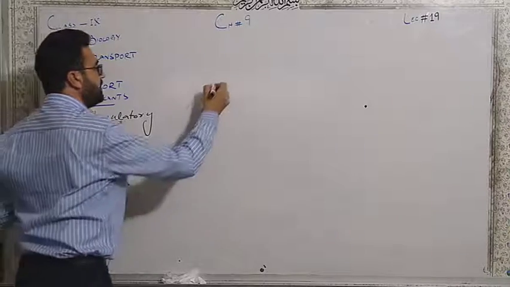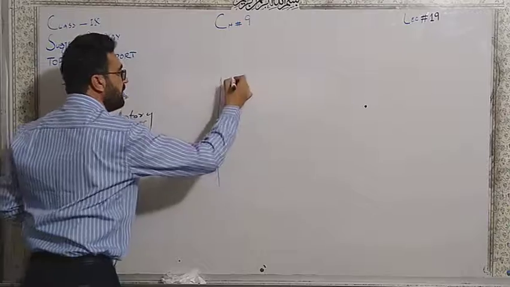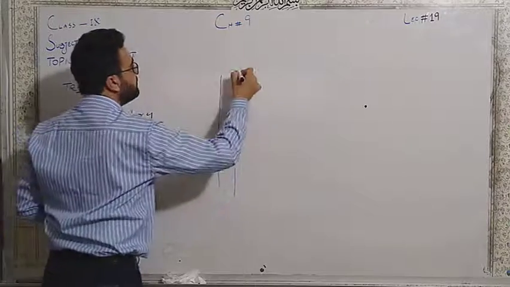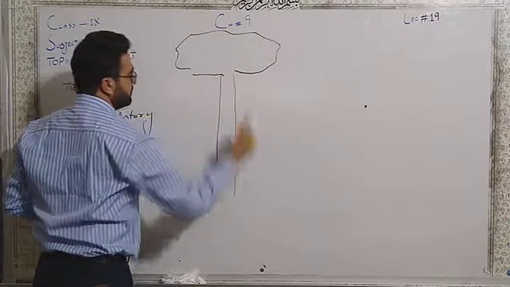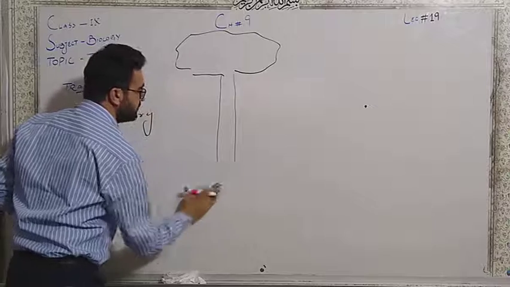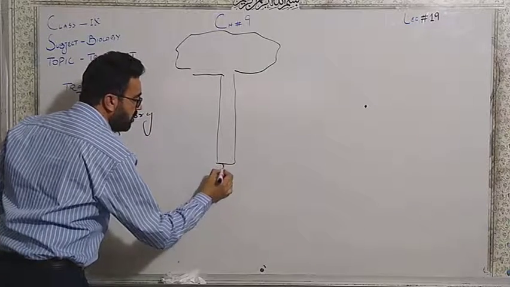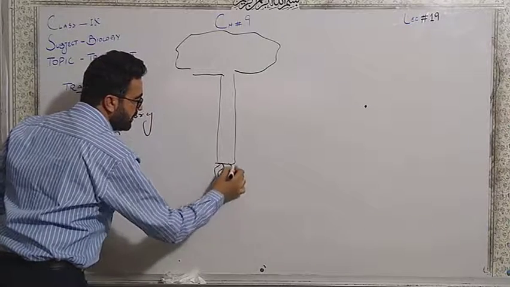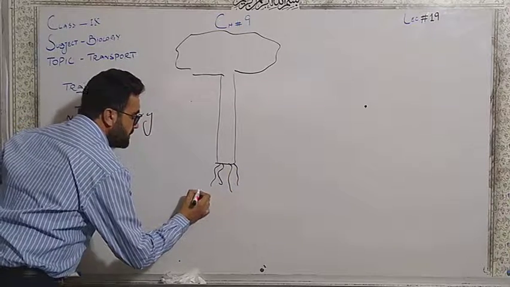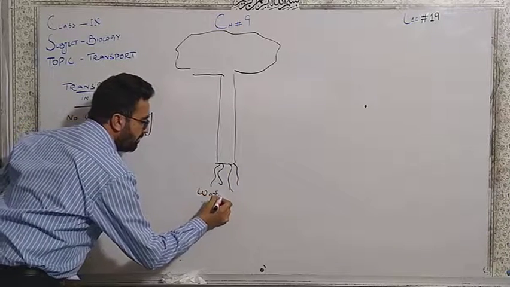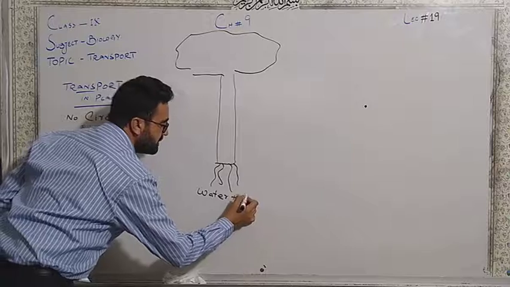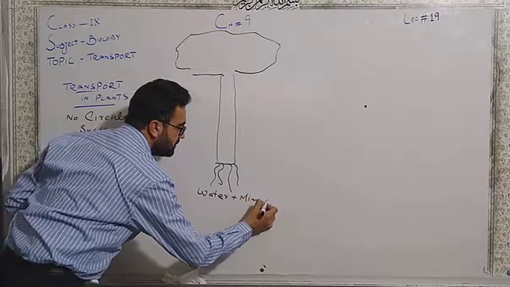Usually in the plant body, water plus minerals or ions are transported.